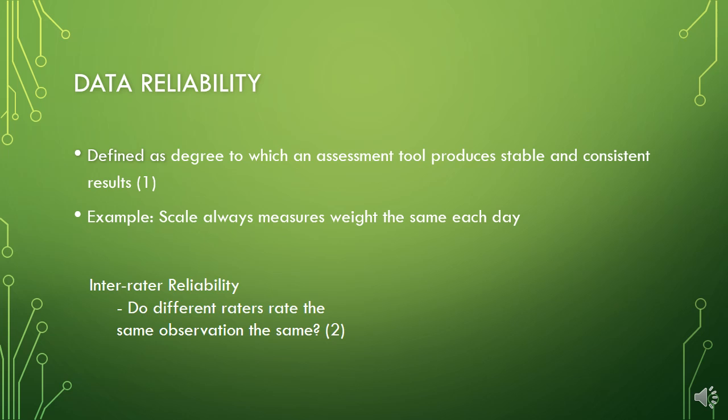Is the tool reliable in the sense that two different raters could rate the experience the same way using that tool? That's inter-rater reliability, which is really important for survey data and observation data as well, to make sure that two people can evaluate the same experience the same way.